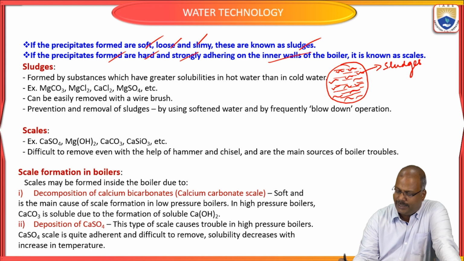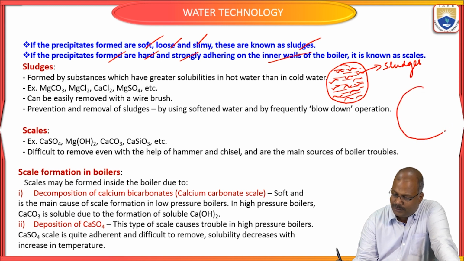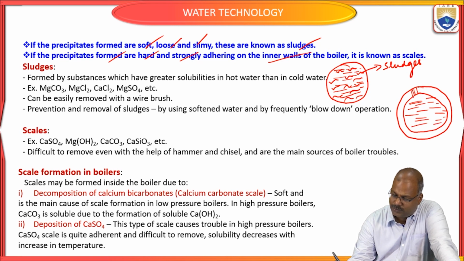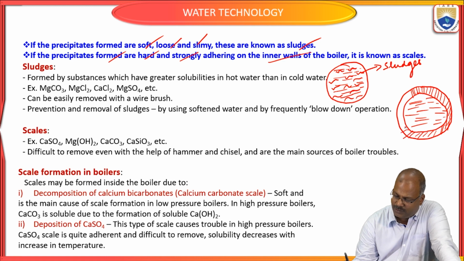Another type of precipitate formation in the boiler is where the inner walls are strongly adhered by the precipitate. They form a strong, hard layer, which is very difficult to remove.